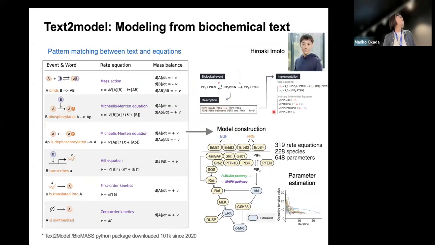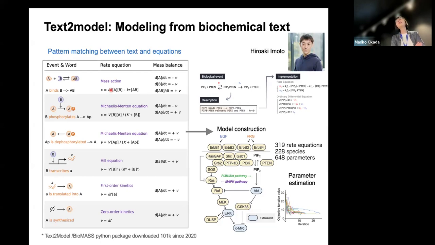So the text model is a method using pattern matching of biochemical reactions and equations. At that time, we didn't use any nice AI and so on. This is very simple pattern matching.